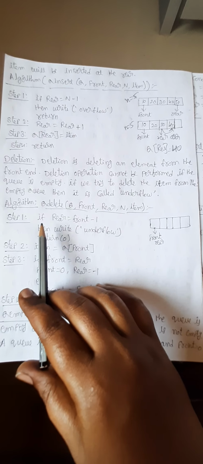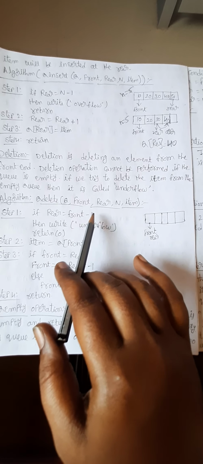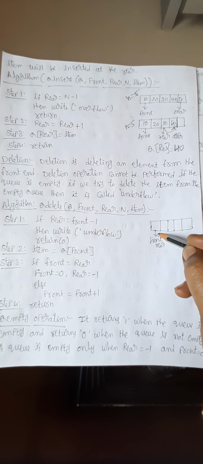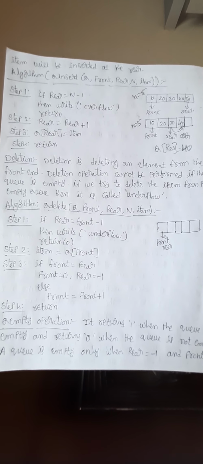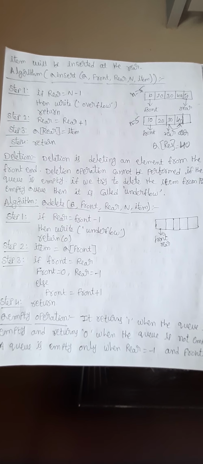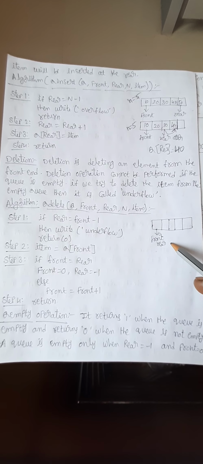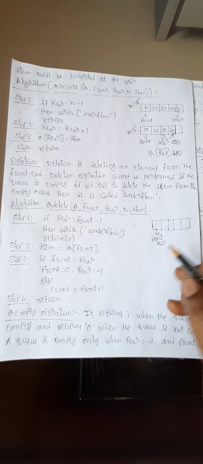The first step for the deletion function: if rear equals front minus 1, the front will be at the 0th position. If it does not contain any element, then it is called the underflow condition. Otherwise, if it contains elements, it can delete. Here it does not contain any element, so the queue is underflow.